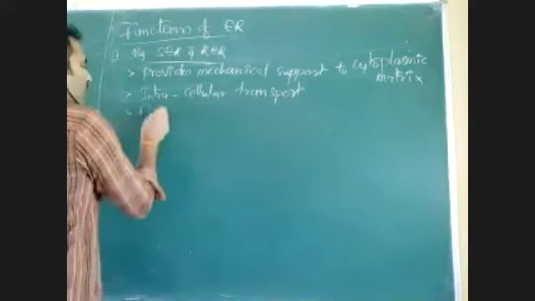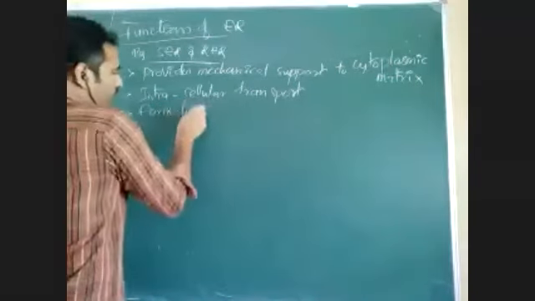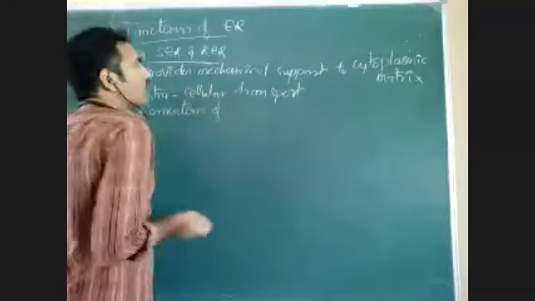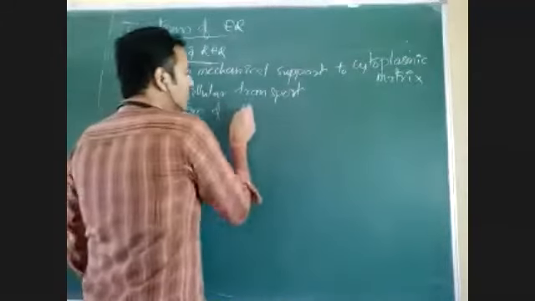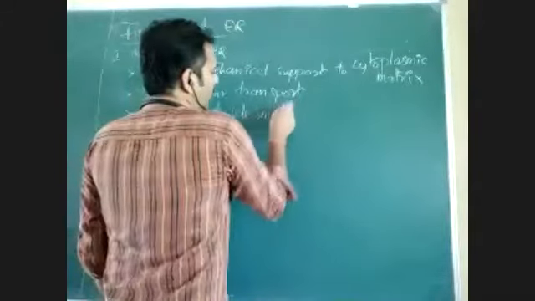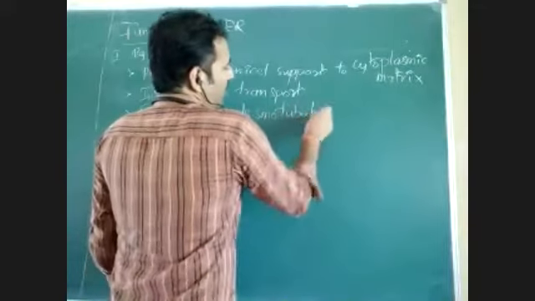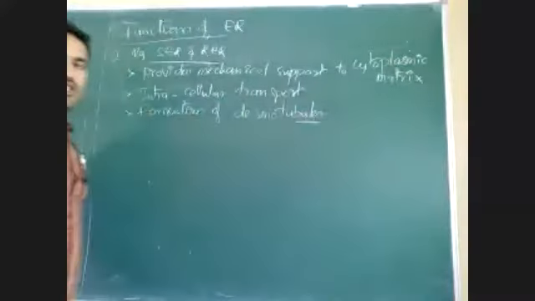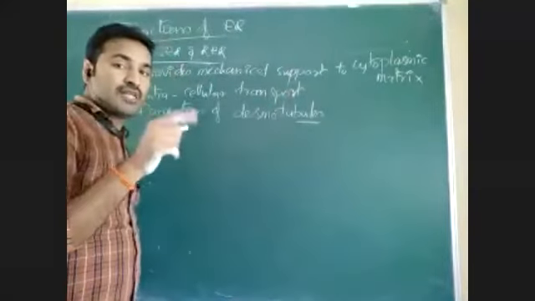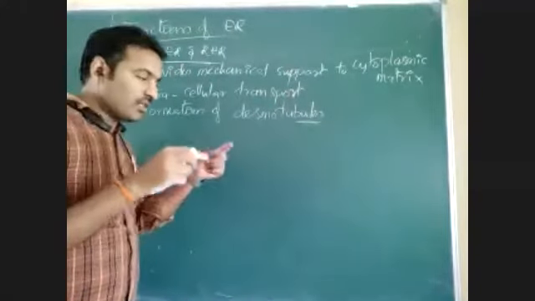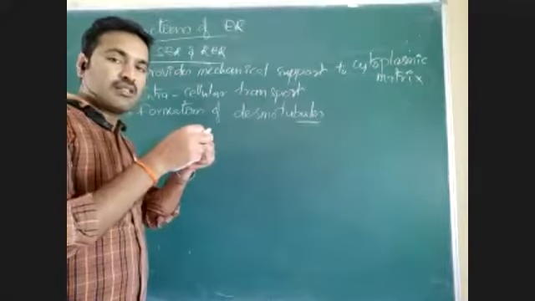Formation of other structures like desmotubules. What is a tubule? A tubule is a long, elongated, branched structure. Desmotubule: like a cell wall has plasmodesmata. Plasmodesmata means one cell wall is connecting to another cell wall.